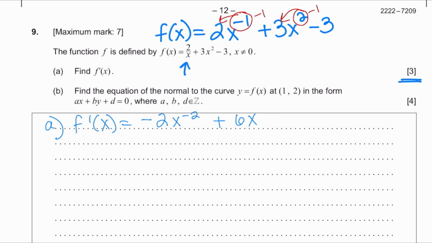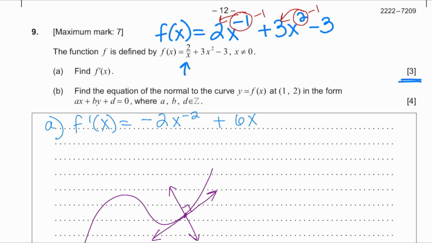Then for part B, it says to find the equation of the normal to the curve. As a reminder, when you have any curve, you have a tangent line, which basically only touches the graph 1 time. The normal is perpendicular to that tangent. So what you're doing is trying to figure out the equation of that line, which is perpendicular to the tangent line.